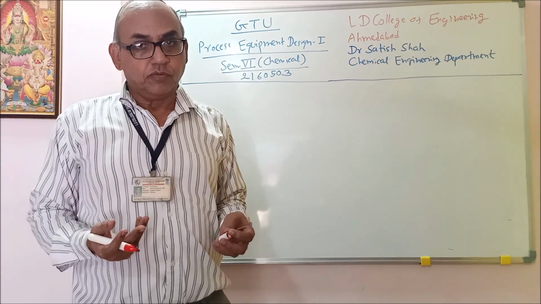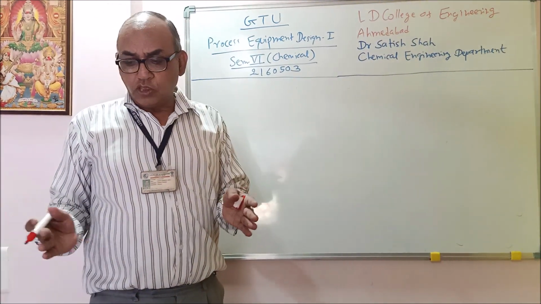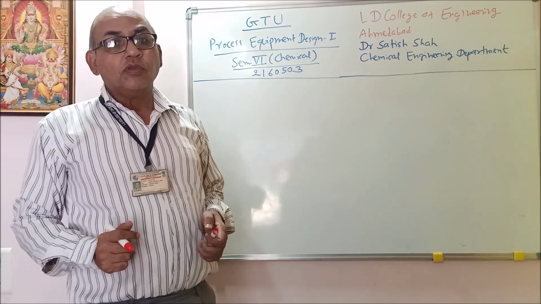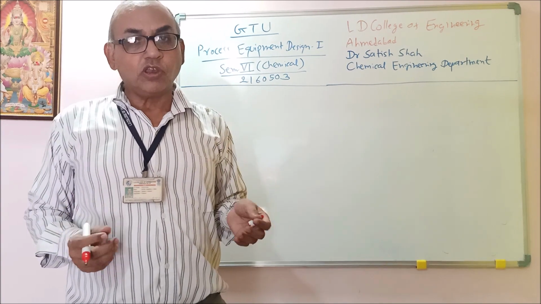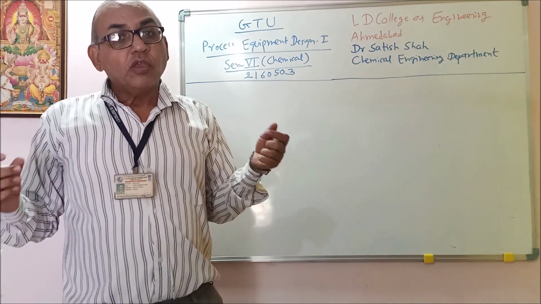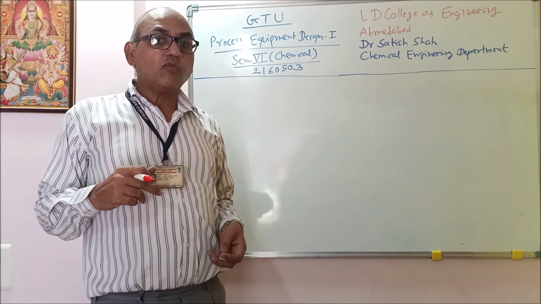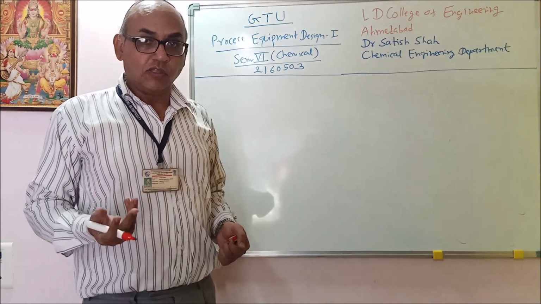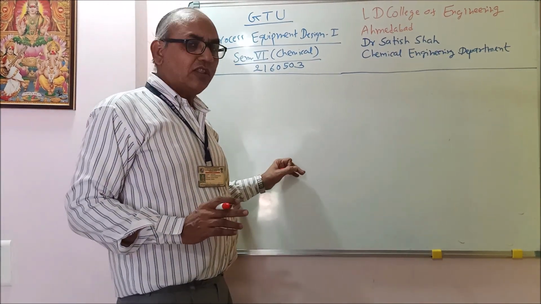This is one option. Second, I can increase the tube length and reduce the number of tubes. When I do this, my velocity on the tube side will increase. So these are the different options available to you. You can just verify like this.